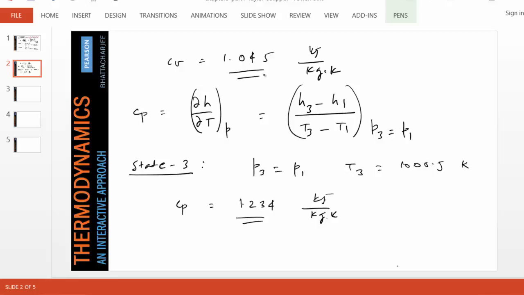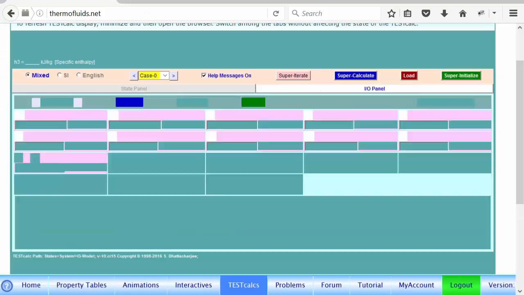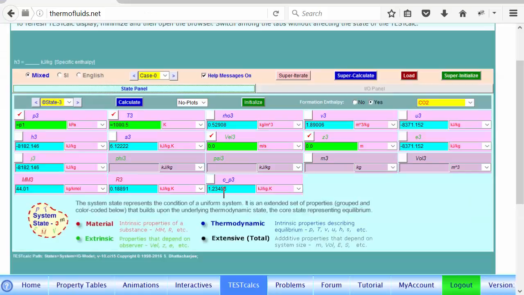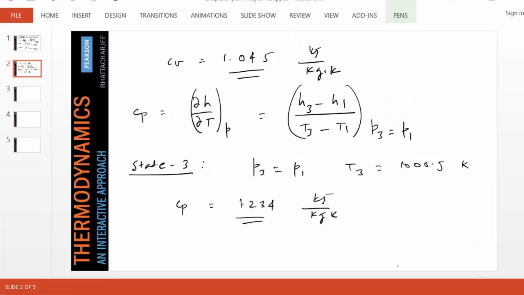It's not like a mathematician. If you go and take a look, the exact value of CP is, look at that. CP is produced as part of the state, and what we found from the fundamental principle is not different from what TEST has calculated, 1.234, and what we found manually is also 1.234. So you can see the definition of CP, where you have to take a partial.